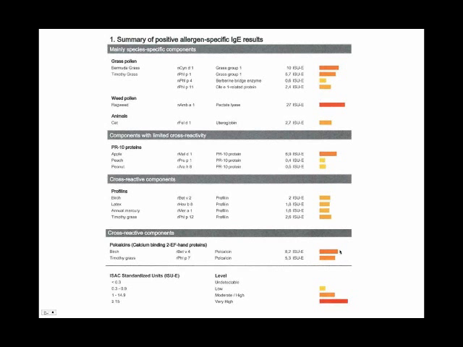And then he has this interesting sensitivity to polcalcins. Not very common. And when you start getting sensitization to these rarer and more severe proteins, you think this is someone who's got very extensive allergy, and it may be hard to get a handle on clinically. So the ISAC gives you a nice picture of what to focus on.